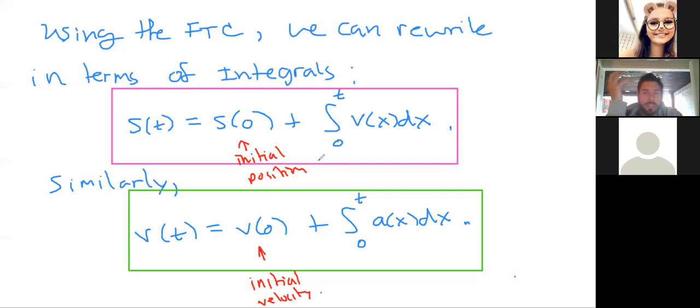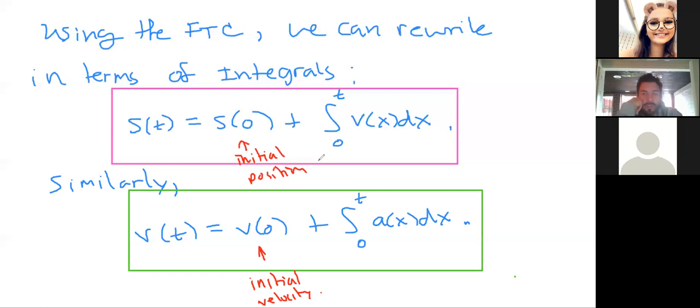So what we're saying is, if I give you an object's acceleration, you can determine its velocity. And then once you've determined its velocity, you can determine its position. It's a very amazing fact, and yet it seems like common sense.